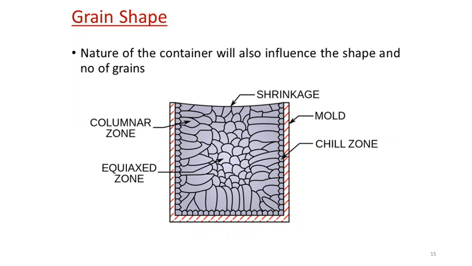Another important factor is the size of the grain developed. The size of the grain developed is directly proportional to the solidification rate, or the rate of cooling. So if we have faster cooling, the grain size will be very fine. The rapid conversion of the molten metal to solid will take place at a faster rate, and the grain size will be very small.